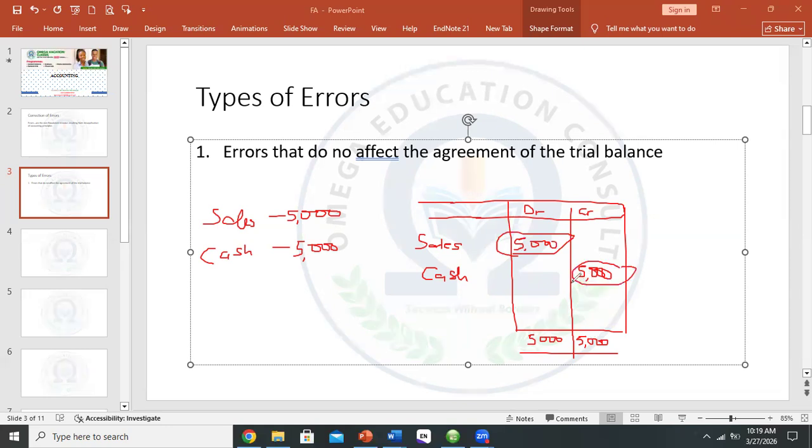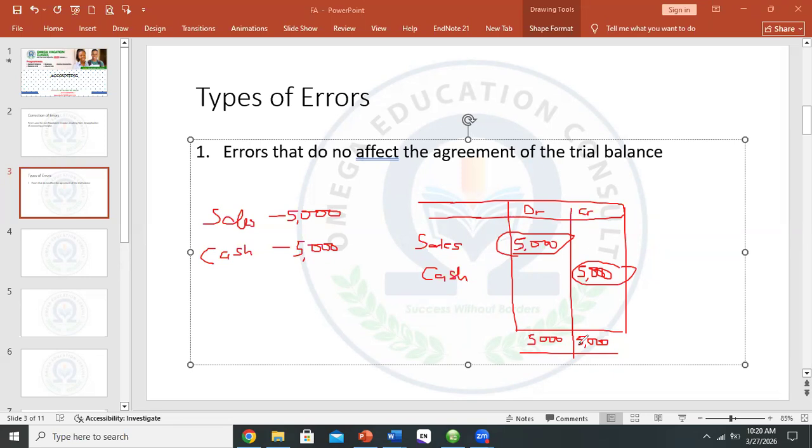If you follow the earlier one I did, the cash and sales were at the right point. But in this second scenario, sales has been debited, cash has been credited. This is an error. In accounting, sales can never be debited and cash can never be credited. So even though the accountant has made this error, your trial balance is still agreeing.